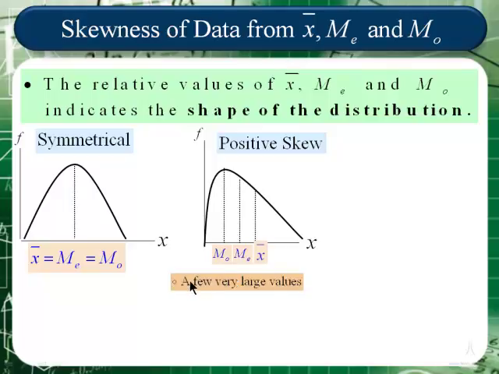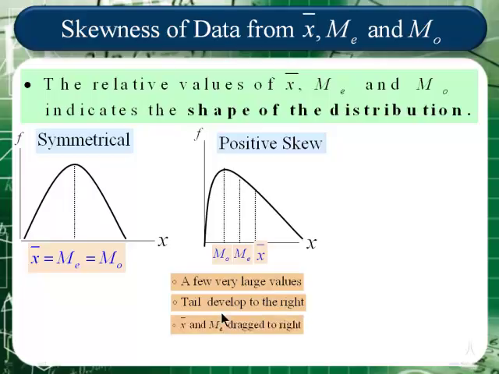So in this particular case there are a few very large numbers. Here you will have your large numbers, and it's only a few of them. Another way of saying it is there are a very large number of small values. So a tail developed to the right.